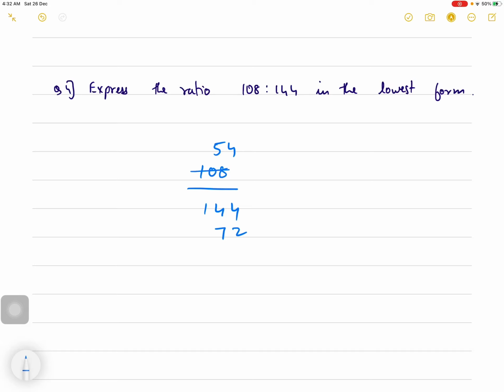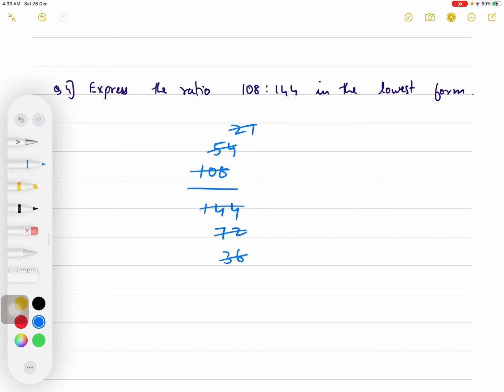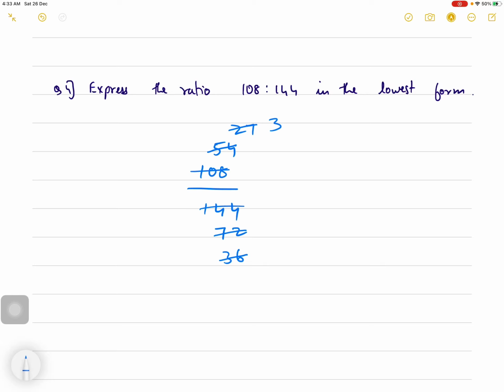Again you can reduce by 2, so we get 27 and 36. So 27 and 36 both are divisible by 9, right? So 9 3s are 27 and 9 4s are 36.